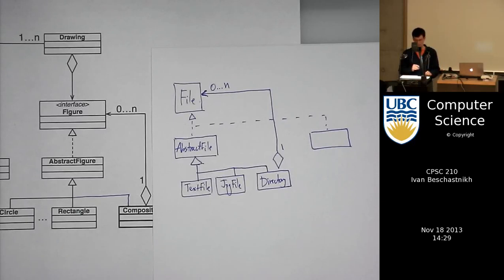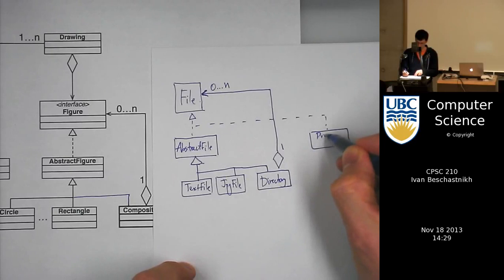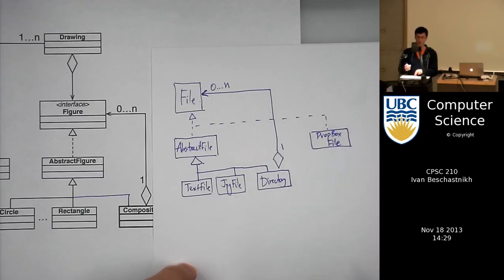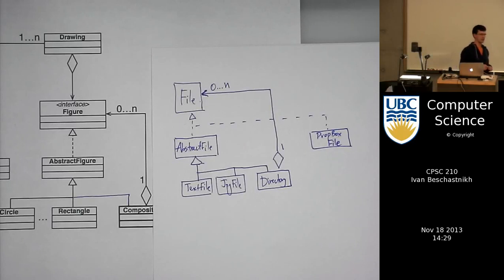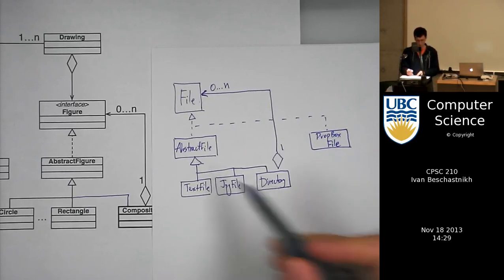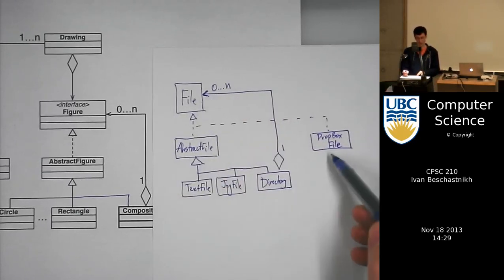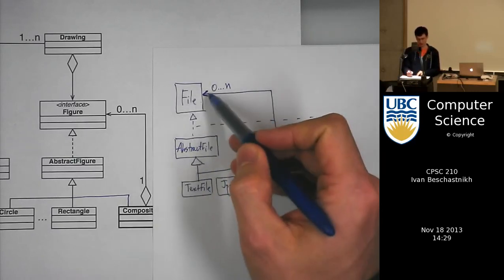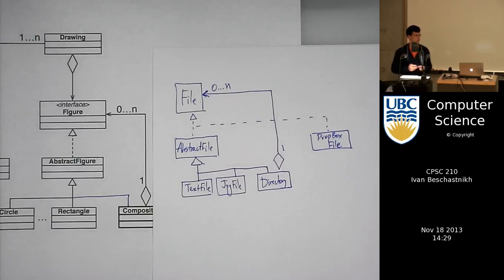Like maybe this is an abstract file, but it's a local file. Maybe I had a Dropbox file. So Dropbox file would also implement the file interface, but it's very different from an abstract file. It's remote, it has different semantics for how you access it. So if my directory knew about abstract files but not files, it wouldn't be able to contain Dropbox files. Okay, which is why you want to aggregate further up the hierarchy as far as possible.